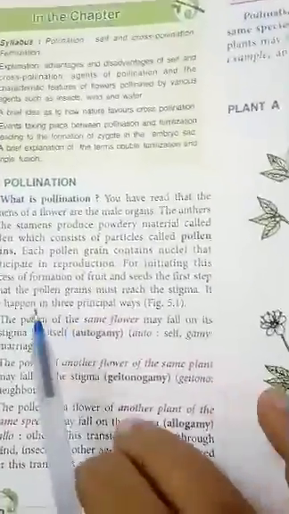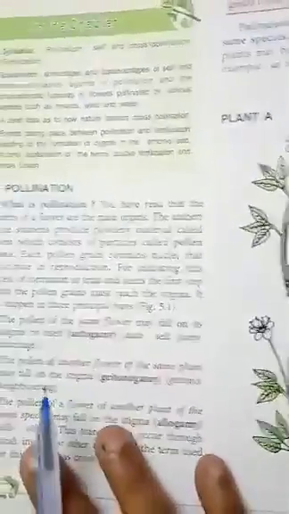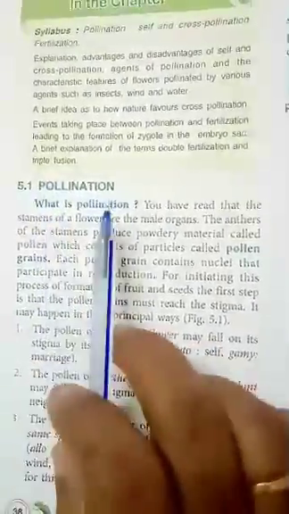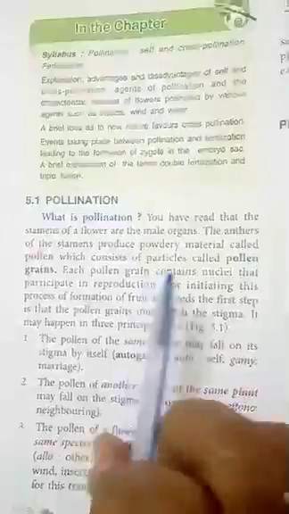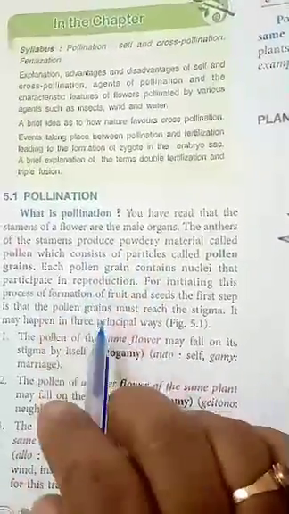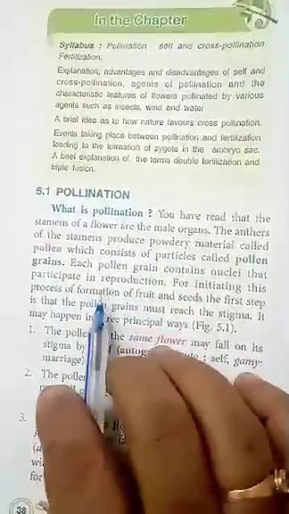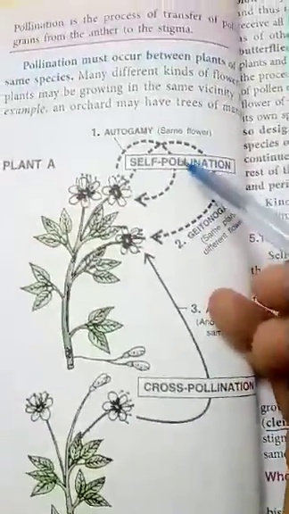So after the structure of the flower, we know that when the gametes and the pollen grains are mature, they need to be pollinated. What is pollination? Transfer of pollen grains from the anther to the stigma. This pollination may be of different types, that is self and cross pollination. What is self pollination?